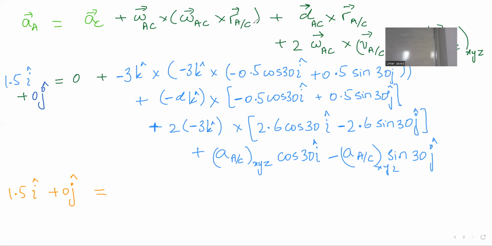That is why I choose this part here. Wherever I wrote A with respect to C, you see, I wrote cosine in the positive I direction, negative J direction.